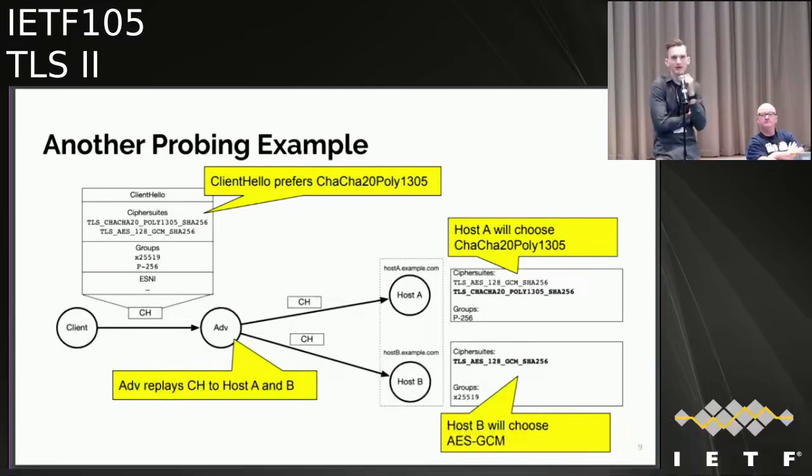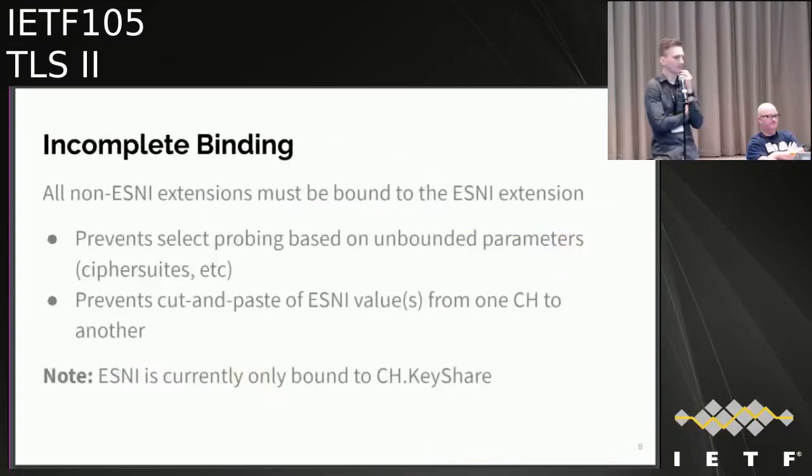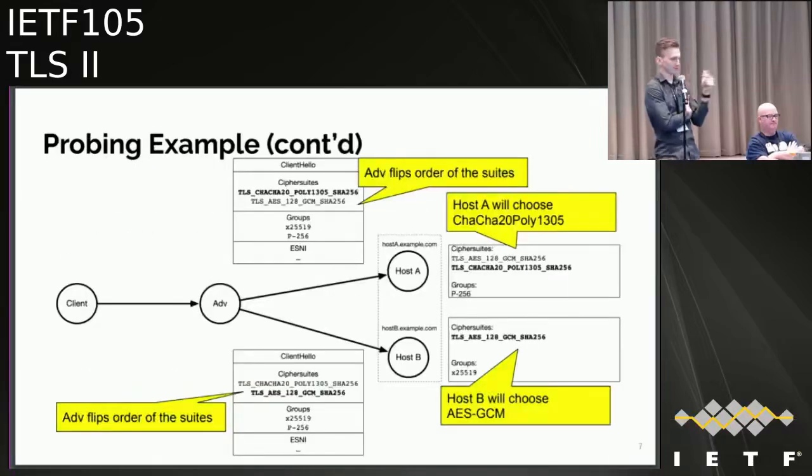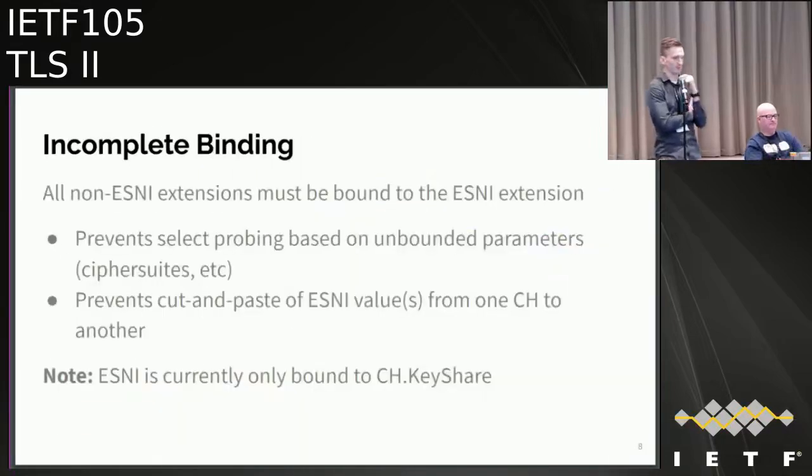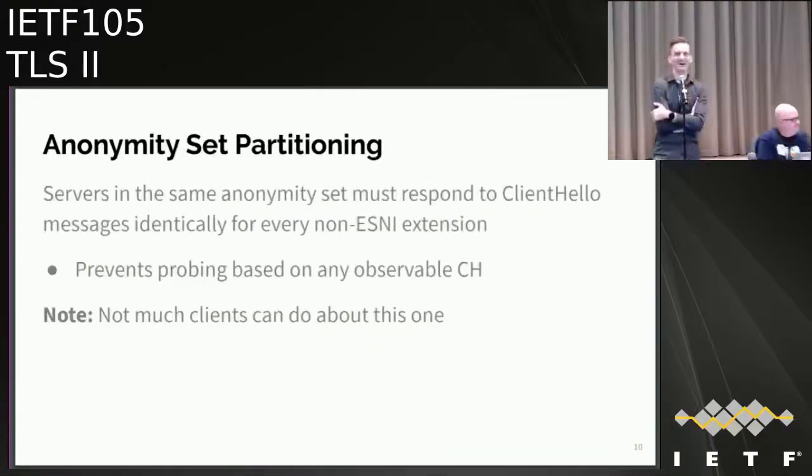Martin Thompson, can you go forward a slide, please? Oh, no. It was the anonymity set partitioning slide that had the potential solution here. I think what you really want to say here is that servers must produce similar choices for their server hello and server hello extensions, rather than having completely identical responses across everything.